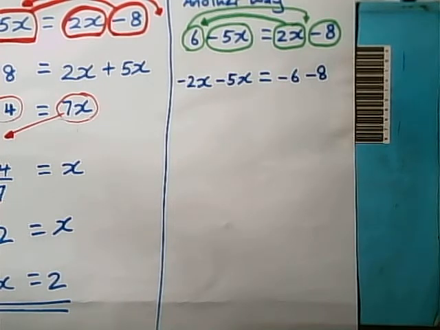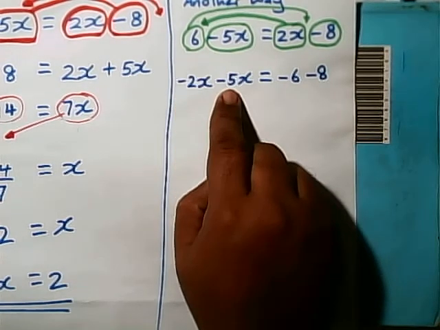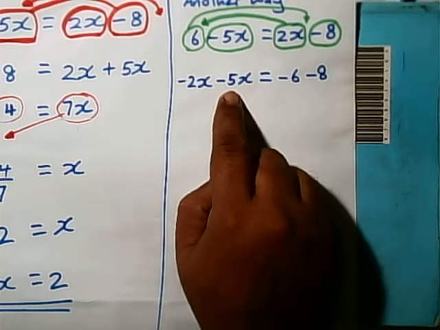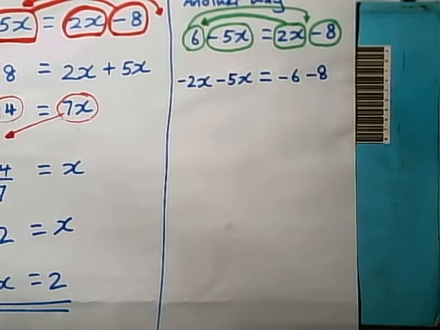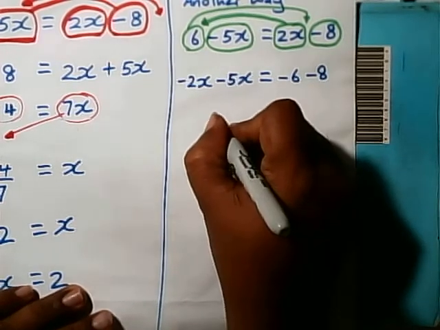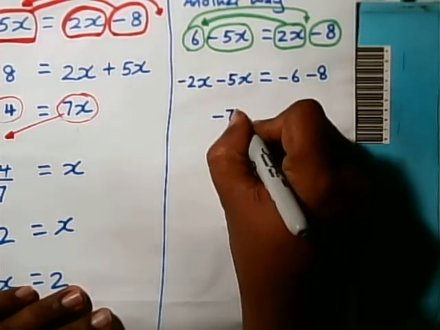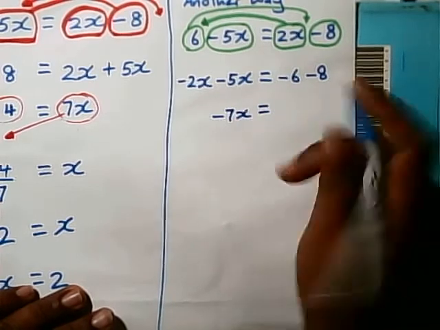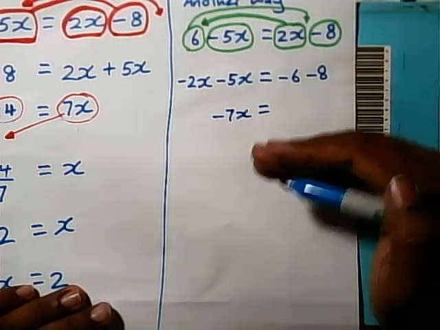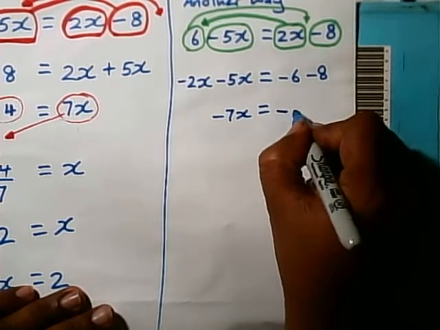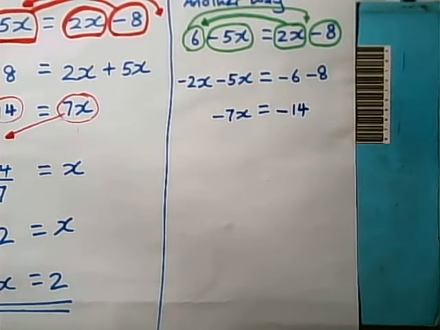What is minus 2 minus 5? If you go down 2, then you go down 5, you have gone down 7. So it's actually minus 7x. And minus 6 minus 8, it's like you go down 6 and you go down 8. You've gone down 14.